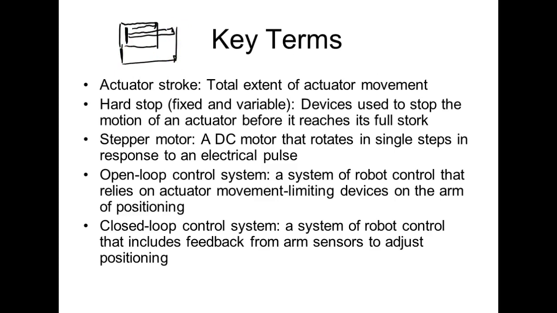So in linear actuators, the stroke is given in units, right? Like 100 inches or 100 millimeters, something like that. And of course, rotary actuators, the stroke would be given in degrees. So if it's got a stroke of 270 degrees, that means you'd have 270 degrees of arc on it.